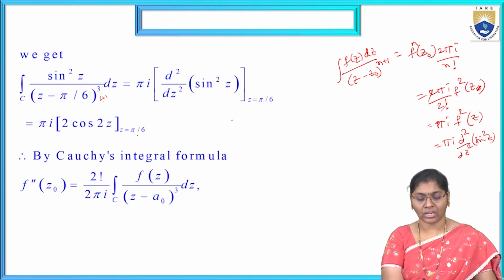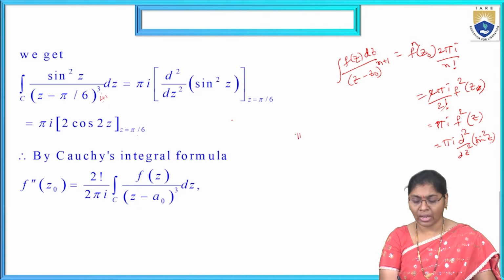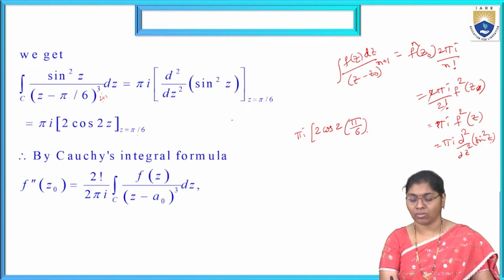The limit is z equal to pi by 6, so pi i into 2 cos 2 into pi by 6. Z is nothing but pi by 6. Now the angle is 2 pi by 3, that means pi by 3. Pi i into 2 pi into cos pi by 3 is the final solution.